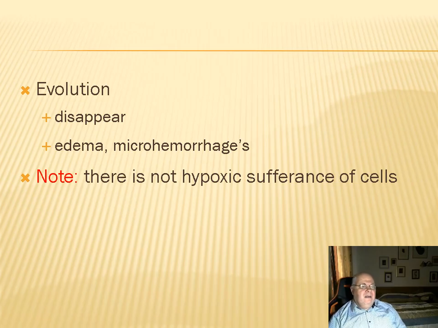If the congestion is even longer in duration and more severe, the dilatation of the capillaries will make it possible for gaps or holes to appear, very small holes between endothelial cells.